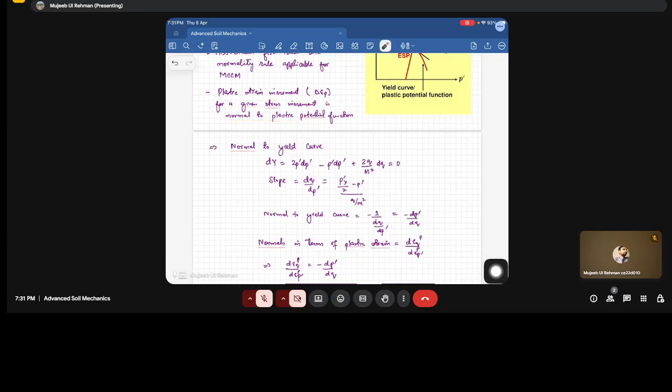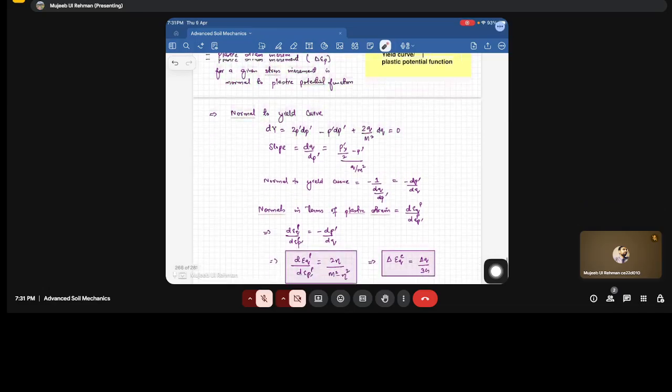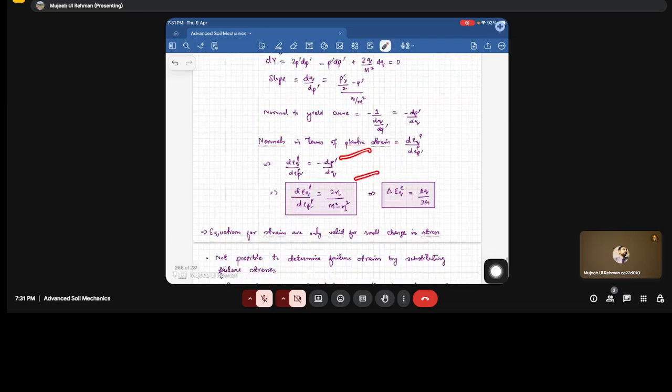Once we get the normal equation, the same increment will be there in the plastic strain increment, so that's why we equated it. Using the equation we have formulated, you will get the shear component.